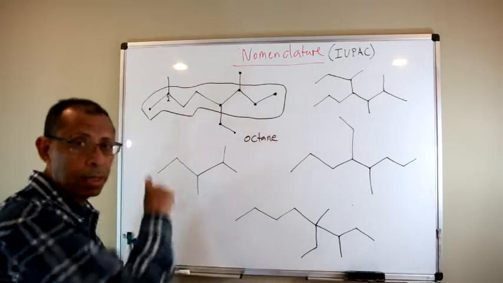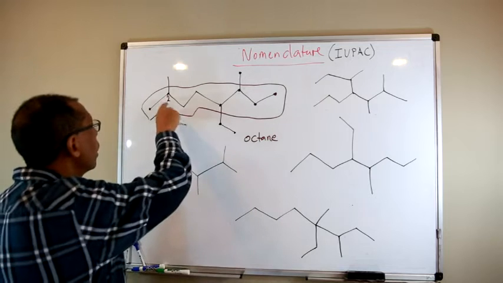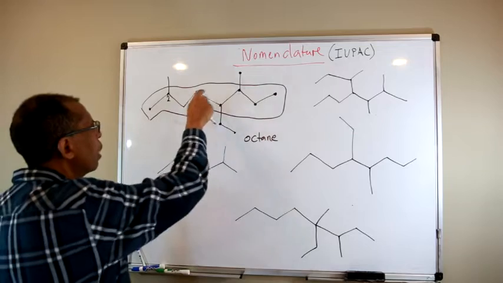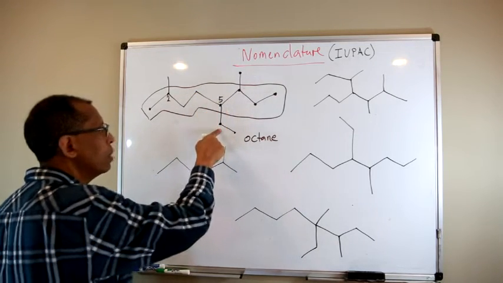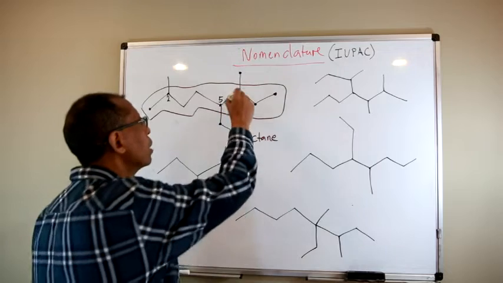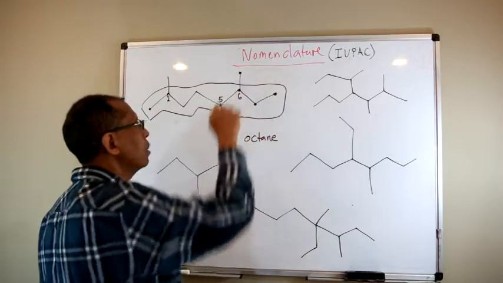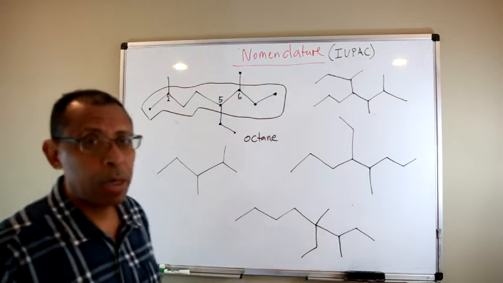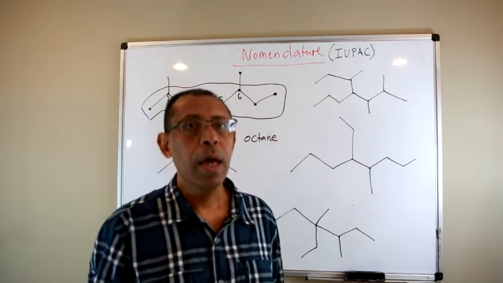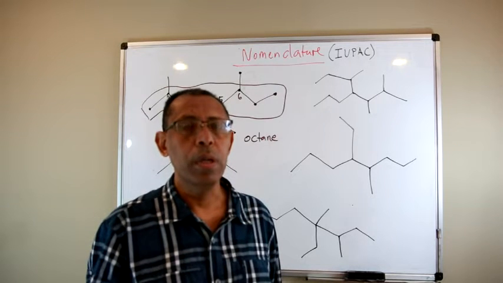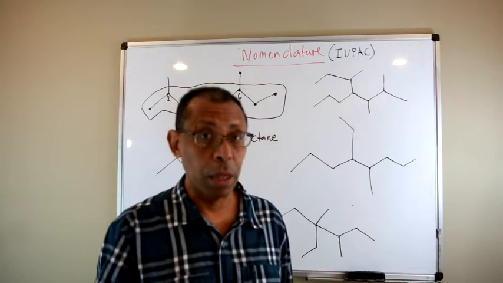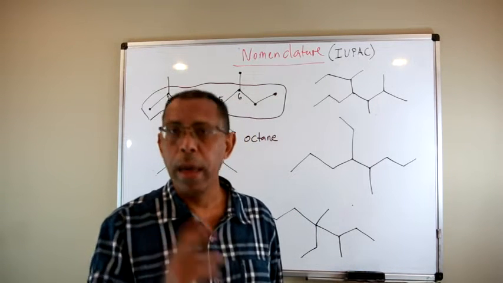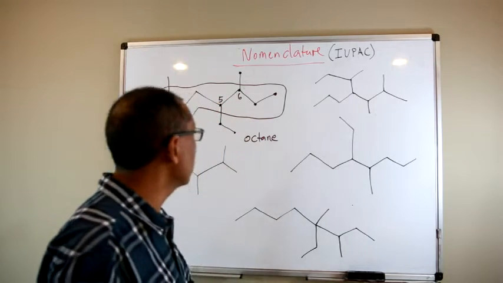So I would be starting from the left side by saying at 2 position I have methyl, 3, 4, at 5 position I have ethyl, and at 6 position I have methyl. So this compound would be named, remember another rule, you should always start with alphabetical order for the substituents. So between ethyl and methyl, ethyl would take priority. So where is my ethyl?